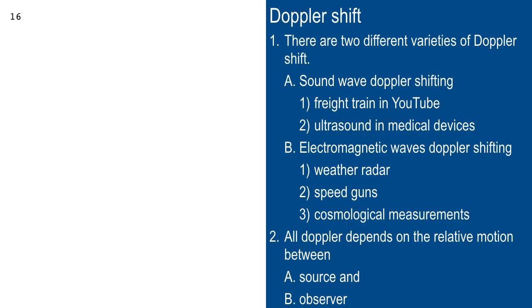If the source is moving relative to the observer, then you're going to be able to see a Doppler shift, either a blue shift if it's coming towards you, or a red shift if it's moving away from you. Now the cops use this. What they do is they bounce a 2 gig signal off your car.